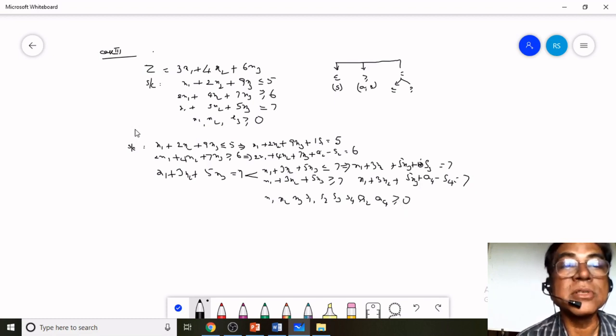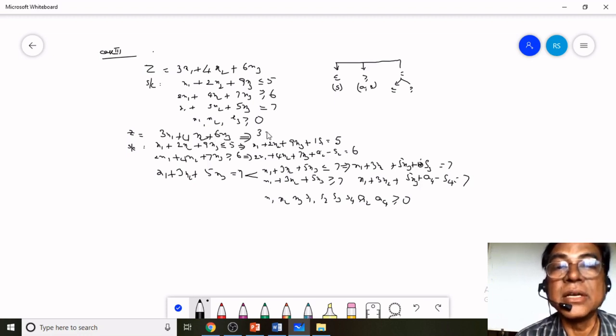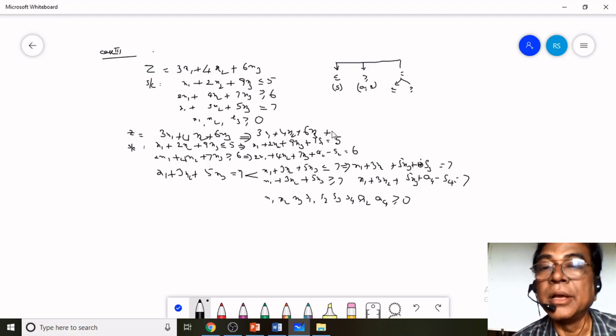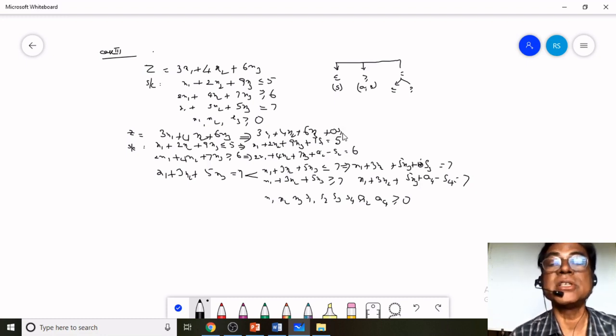Now come to the objective function. How to convert the Z equation? Z equation is 3x1 plus 4x2 plus 6x3. The value of slack variables in the objective function is always equal to 0.